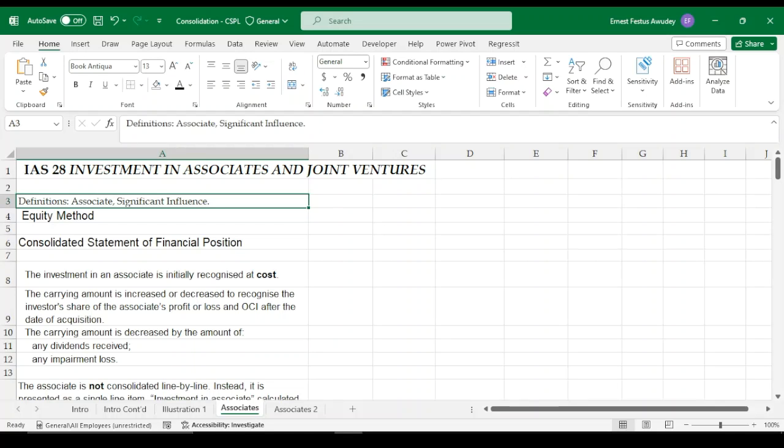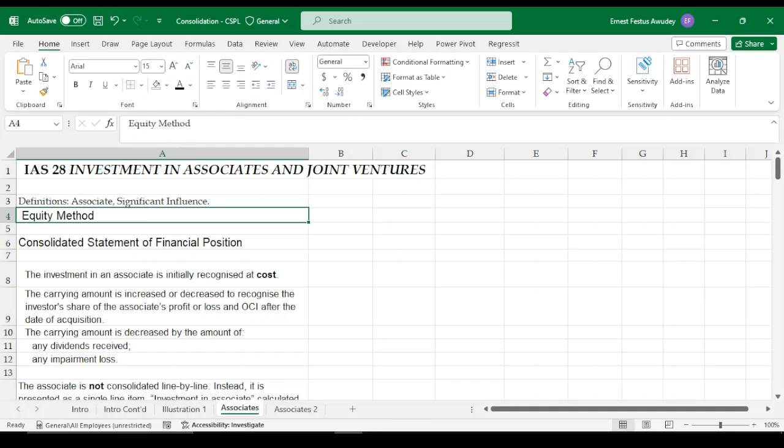Fourth, when there is interchange of managerial personnel between the parent and the associate. And then finally, if there is technological dependency. These five indicators are key when it comes to determining significant influence. So that is just a quick recap of what we've previously looked at.